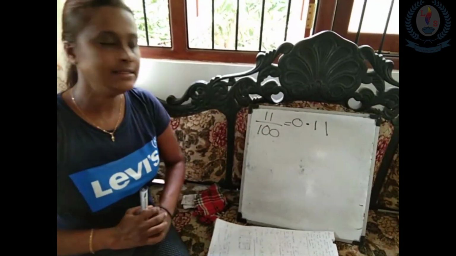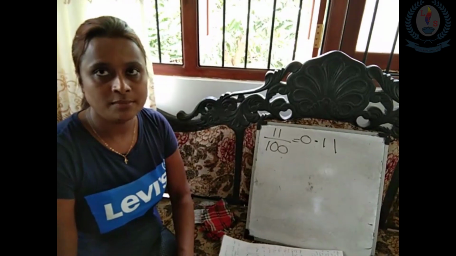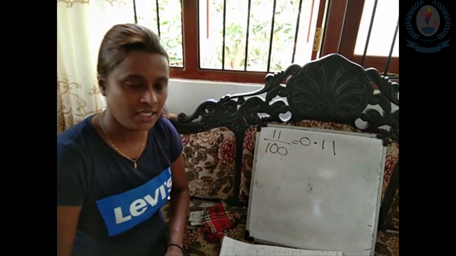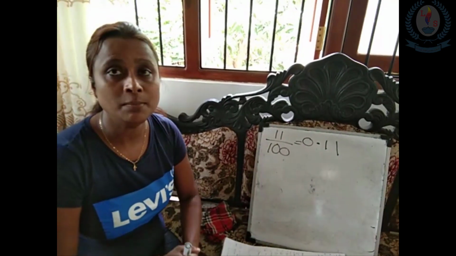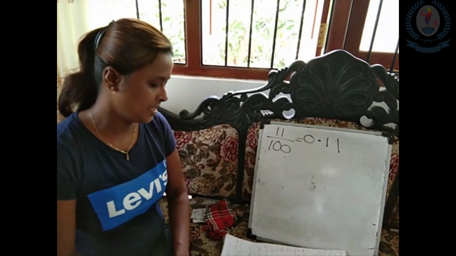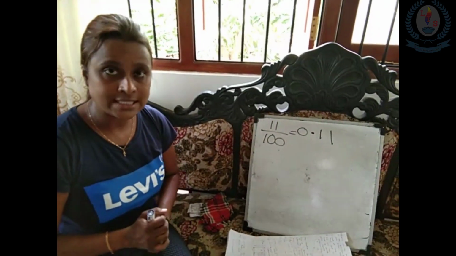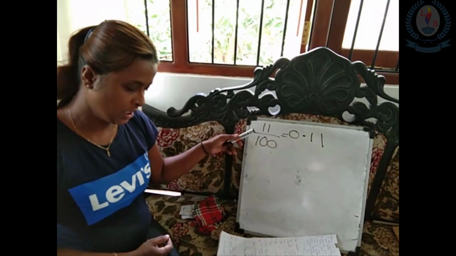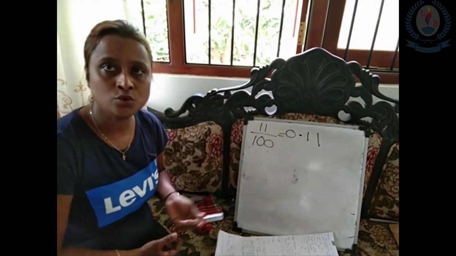0.11. And it's clear that we can use a place value chart to write a fraction as a decimal, and even without the place value chart we can do it. To avoid mistakes, you can break the number into 2 parts.